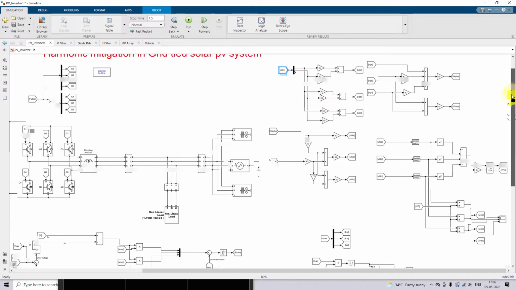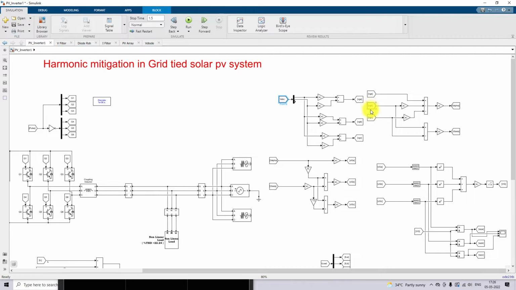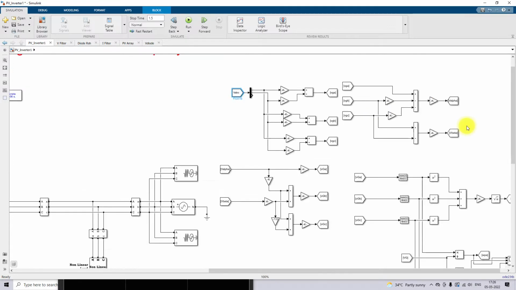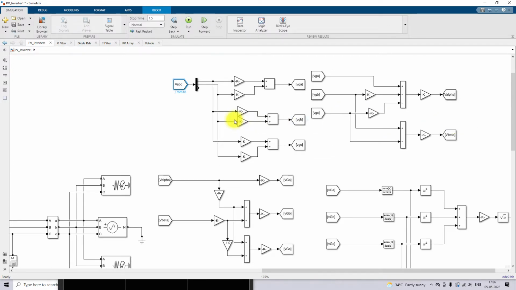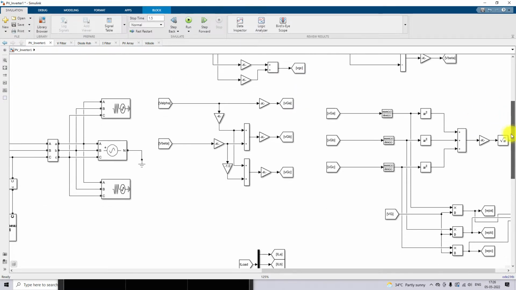Next we convert the phase to ground voltage into alpha beta quantities, that is called the transformation. And then we apply the alpha beta to ABC transformation.